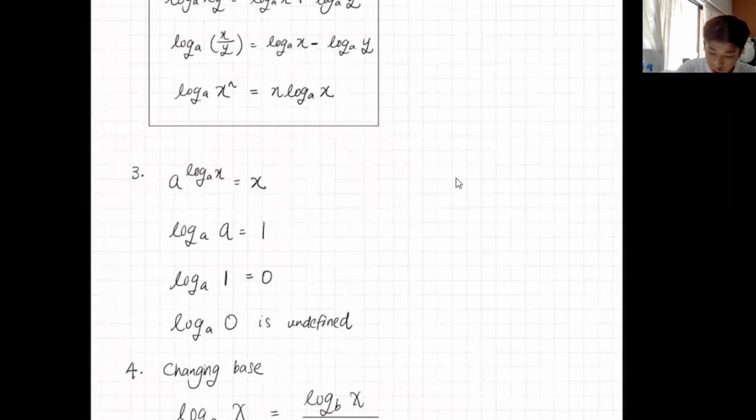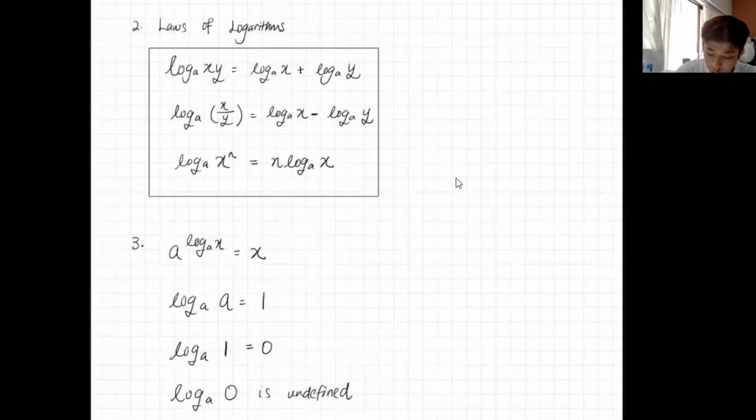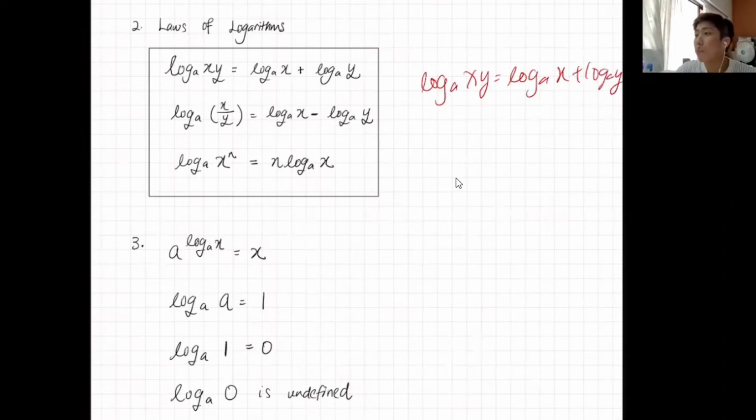So the first law of logarithm is log a of xy is equal to log a x plus log a y. As usual, when you are using a law, you must always understand it to the deepest possible case. Why? Because all the questions that you're going to see in the exam are going to be built upon these 3 things only.